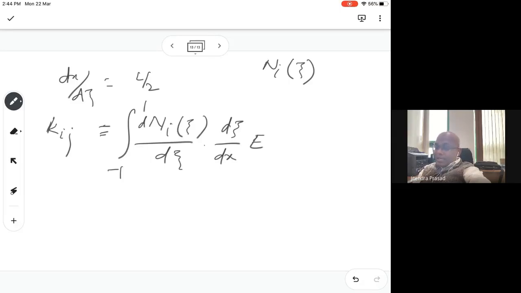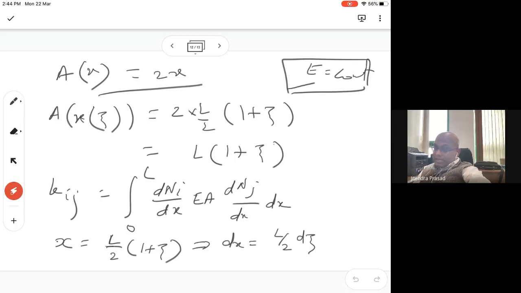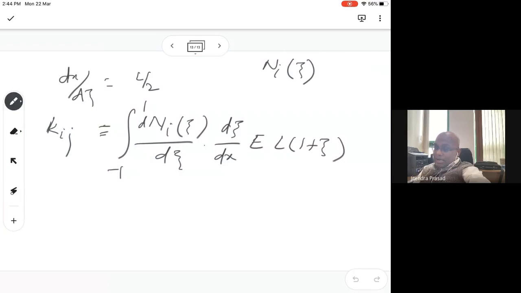Then we have E, then A is equal to L(1 plus xi) only. This is what our A is, the area; E is constant, so we wrote like this. This one is dNi over dx, so I wrote dNi/d xi multiplied by d xi/dx here, because N we have taken as a function of xi to begin with. So we do this transformation.